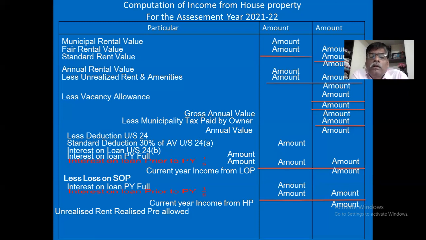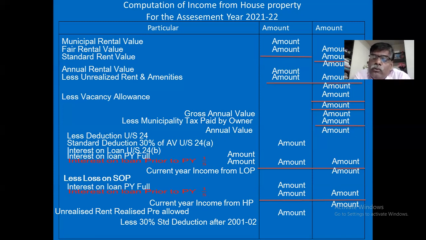Regarding that, the adjustment is: you take the unrealized rent realized, then deduct 30% standard deduction from that. 30% of that amount is allowable if that unrealized rent relates to a previous year after 1-4-2001.